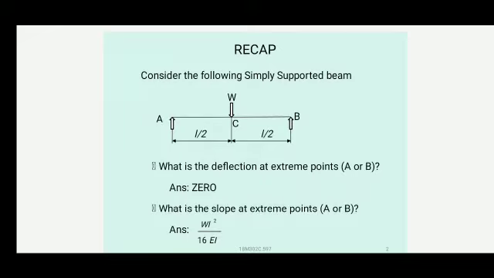Recap: we have already studied the simply supported beam.